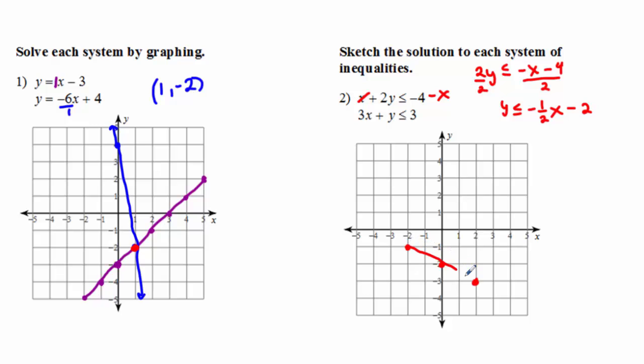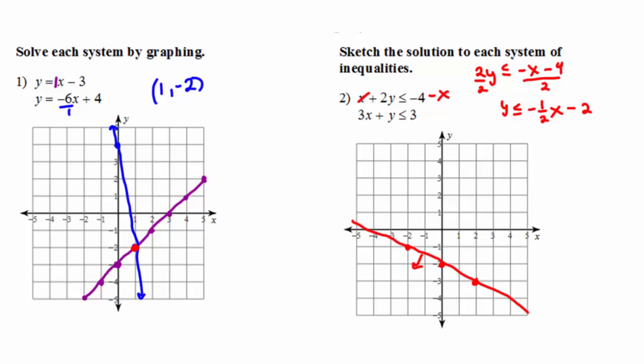I'm going to connect those dots and draw my line. It is a solid line because it's equal to as well as less than. And then below this line is this direction, okay? Because remember, if you put your pen somewhere on it and then draw down, that's the side that's below.